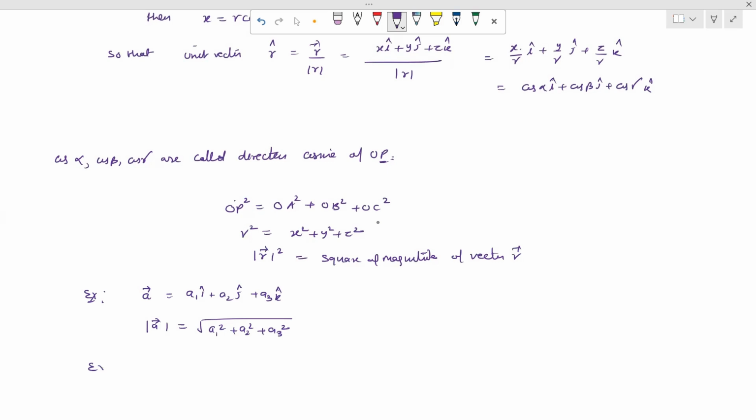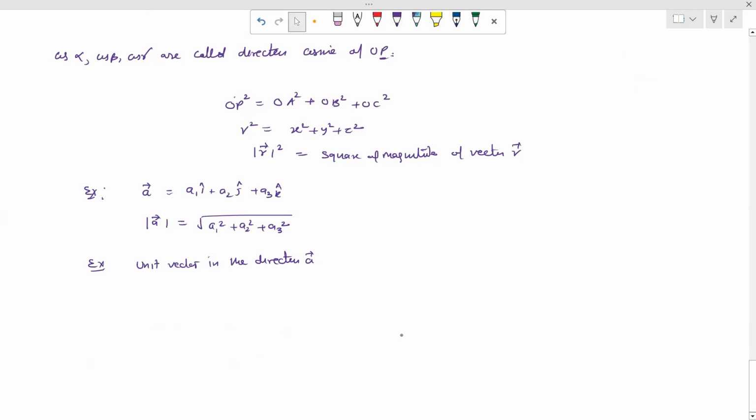Next example, if we have to find the unit vector in the direction of vector A, you can calculate this way. We write A i, A j plus A k upon the root of A square plus A square plus A square.